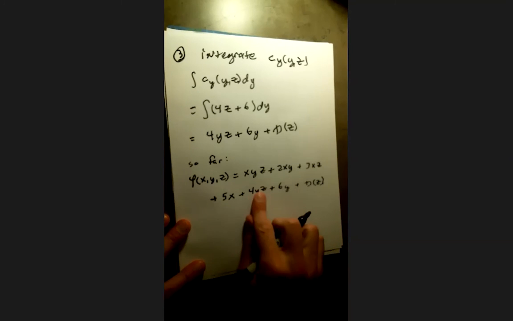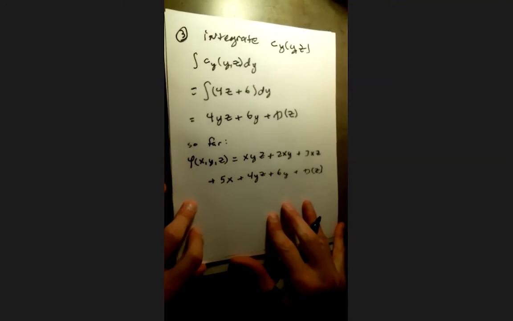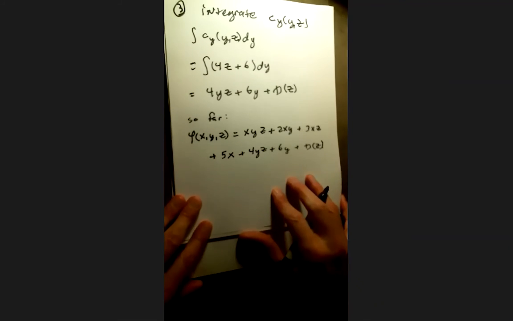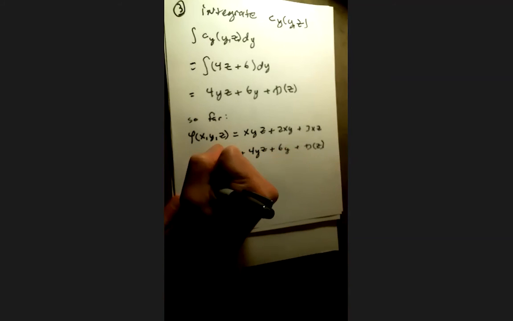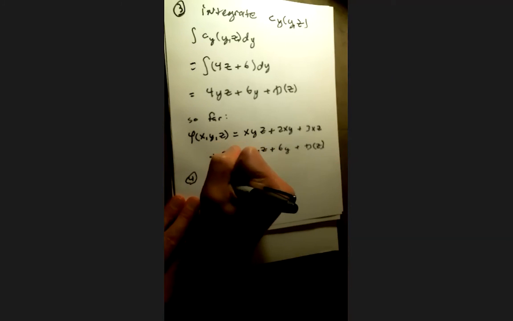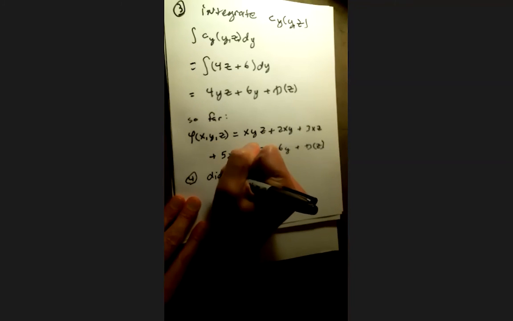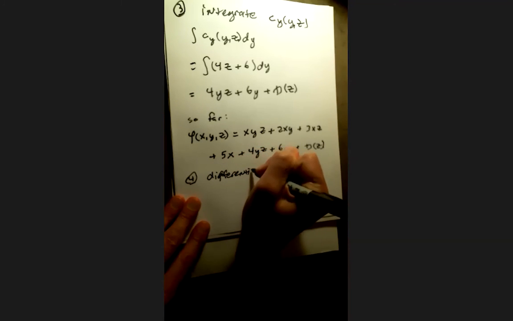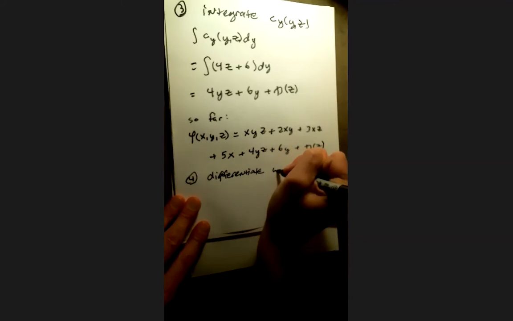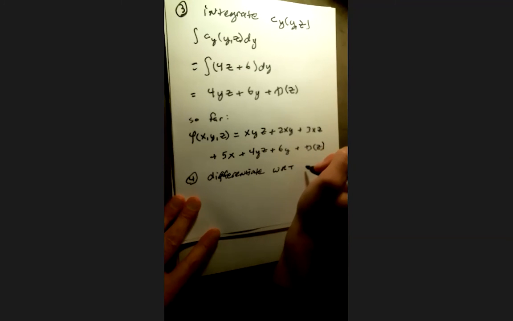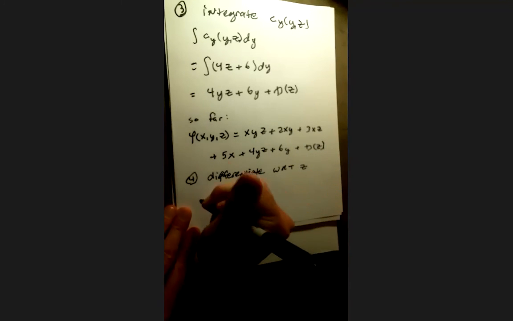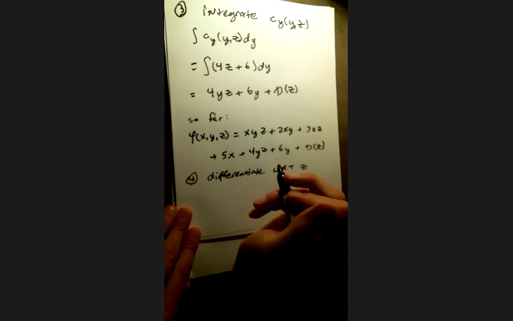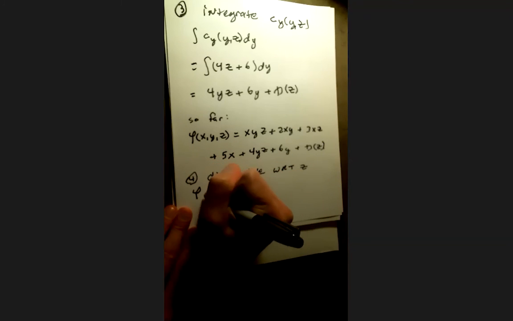So for step 4, we need to differentiate, and now we're going to differentiate with respect to z. And so we'll find our phi with respect to z.